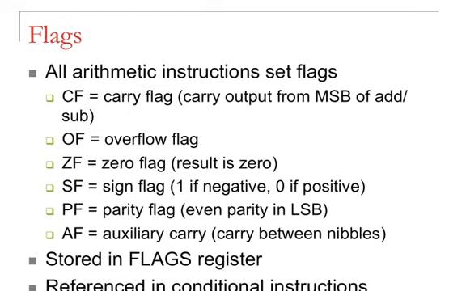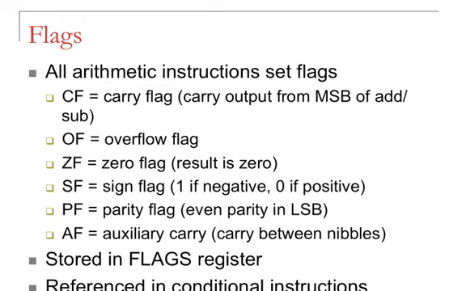Sign flag is just the sign bit. If 1, that means the result is negative. If 0, that means a positive number. Parity flag, we're using even parity. So if you see a 1, that means you have an even number of 1s in the number. AF is auxiliary carry.